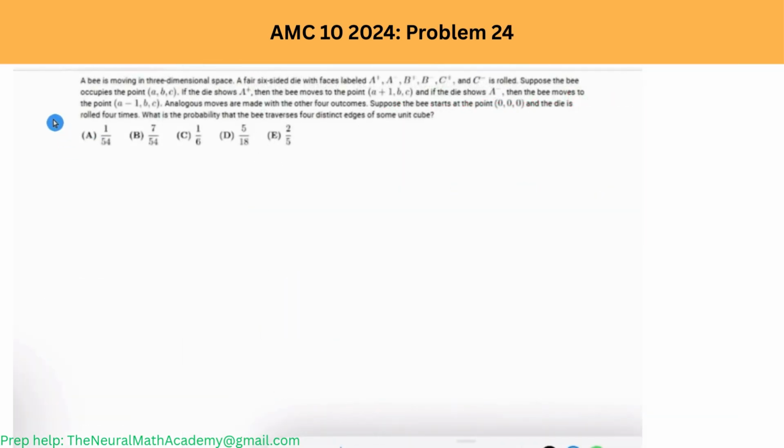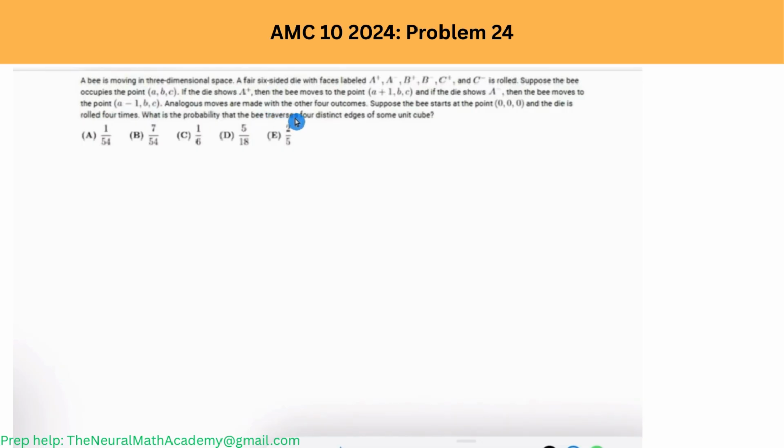Okay, so now let's look at problem 24, where we are given that a bee is moving in three-dimensional space. A fair six-sided die with faces labeled these is rolled. Suppose the bee occupies a point ABC. If the die shows A plus, then the bee moves to the point A plus 1 BC, and if the die shows A minus, then the bee moves to the point A minus 1 BC.